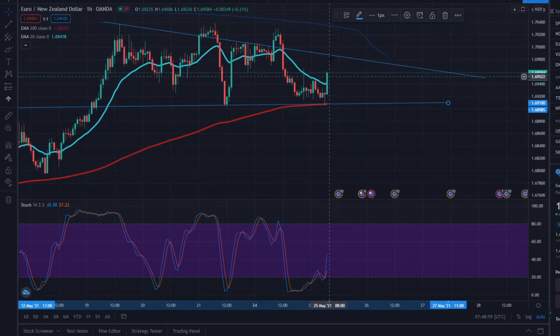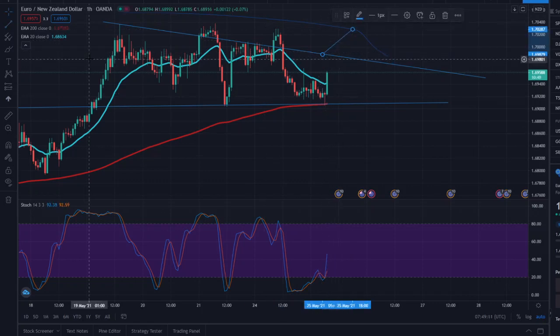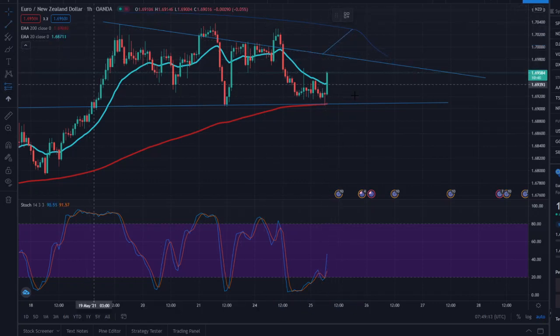So the 1-hour chart suggested we might at least retest this line, which would be the fourth touch, 1, 2, 3, 4, which usually indicates that we could see a breakout, but this would be a buying option.